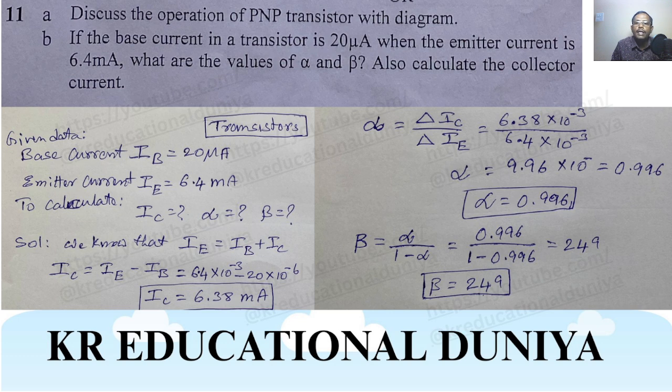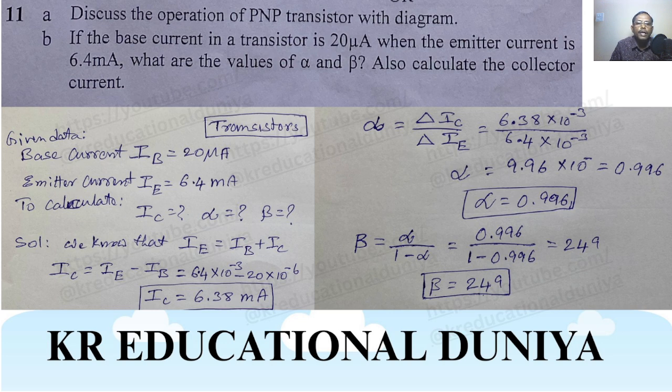Also calculate the collector current. Okay, IC also they are asking. So what we need to find out first? We need to find out IC value, alpha value, and beta value. And what is the given data? Base current IB equal to 20 microamps, emitter current IE equal to 6.4 milliamps.